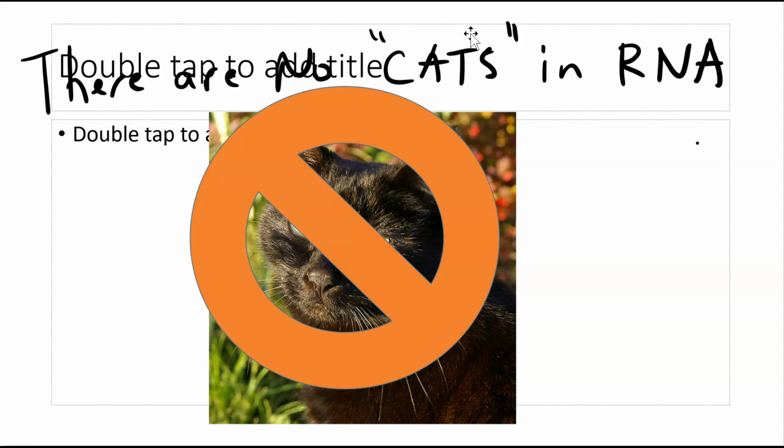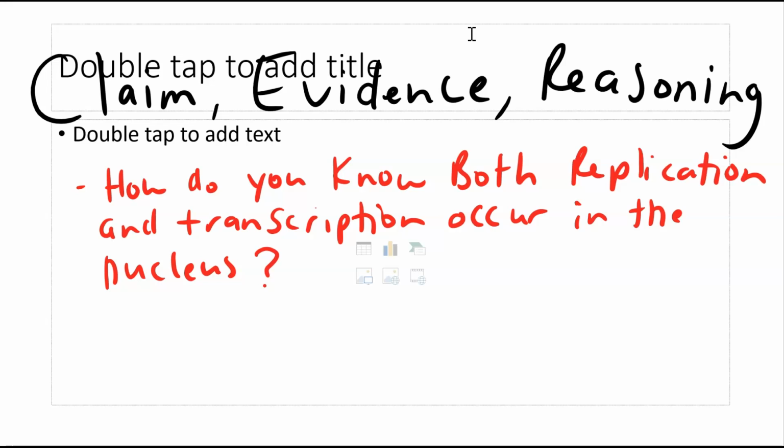And just going back to what we were talking about before with both replication and transcription occurring in the nucleus, a lot of times we're asking students to think like scientists and to provide evidence and reasoning when making a claim. So what I did in the previous slide is I made a claim that both replication and transcription occur in the nucleus.